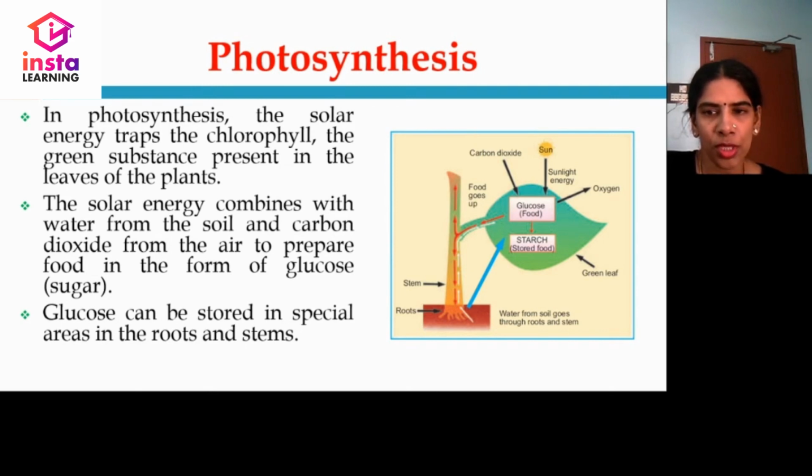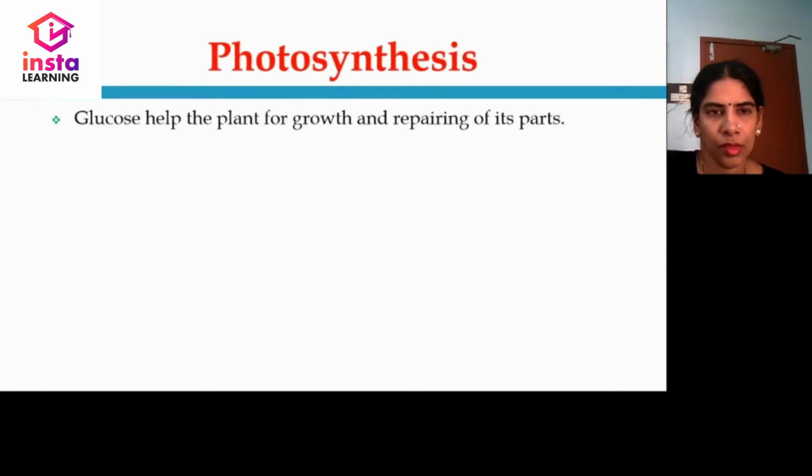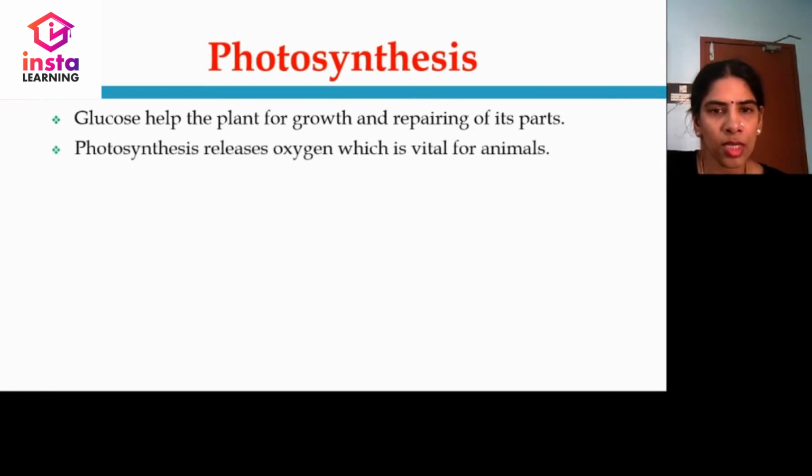The diagram shows the preparation of food by the process of photosynthesis. Glucose helps the plant for the growth and the repairing of its parts. Photosynthesis releases oxygen which is vital for animals.